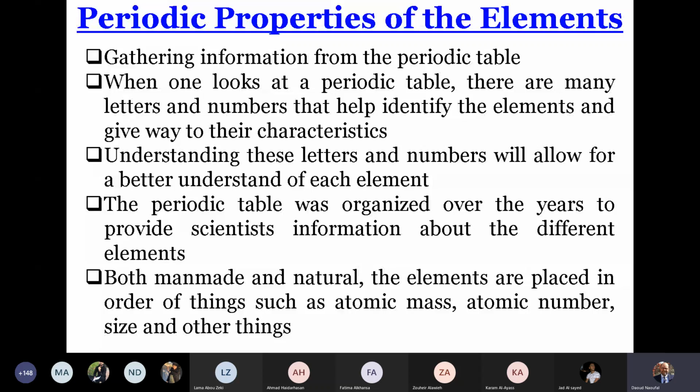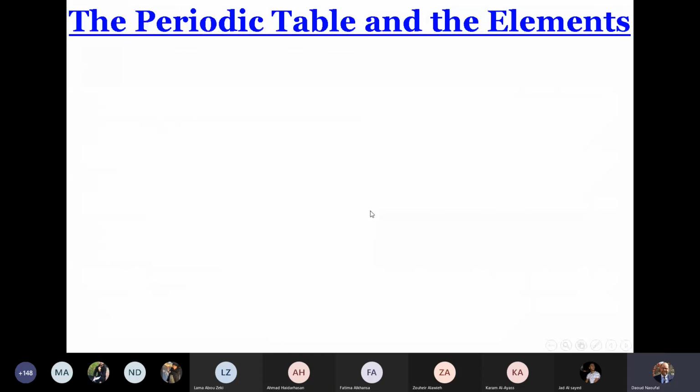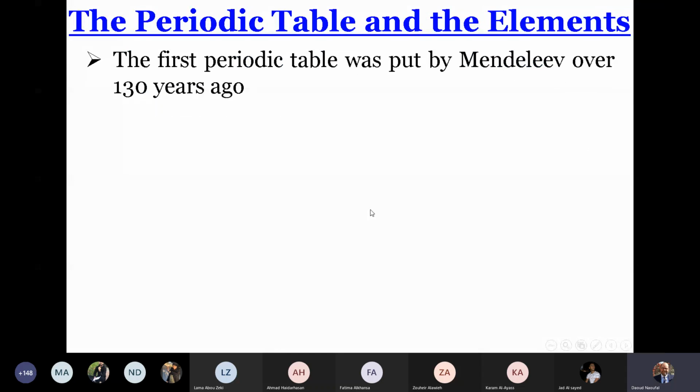The elements are placed in order, such as atomic mass or atomic number or atomic size and other things. The first periodic table was organized by Mendeleev over 130 years ago.